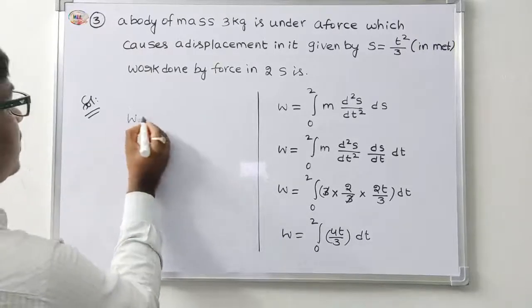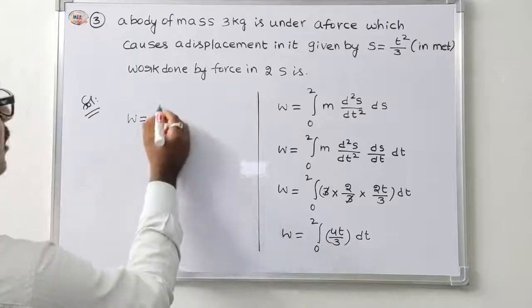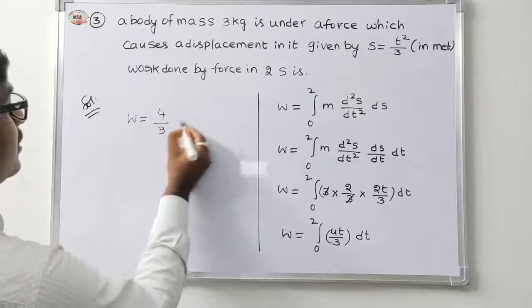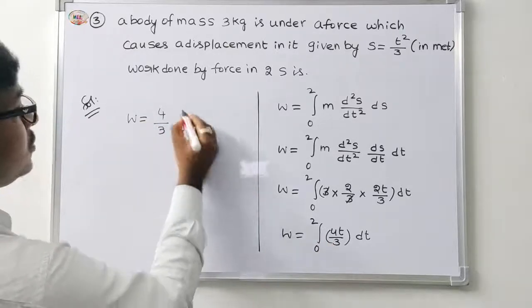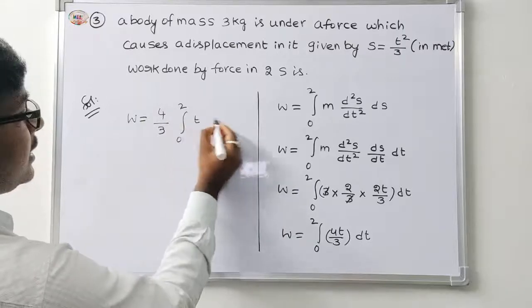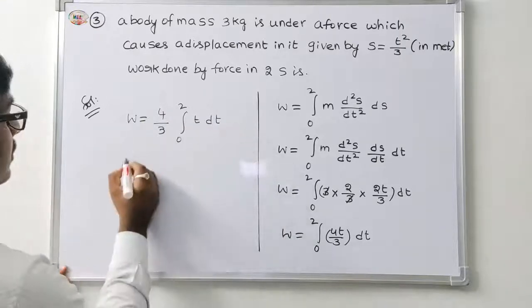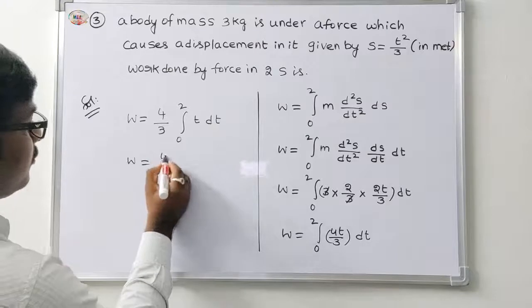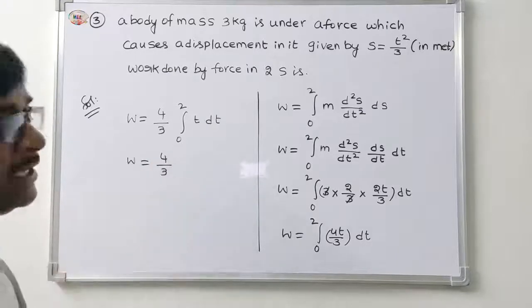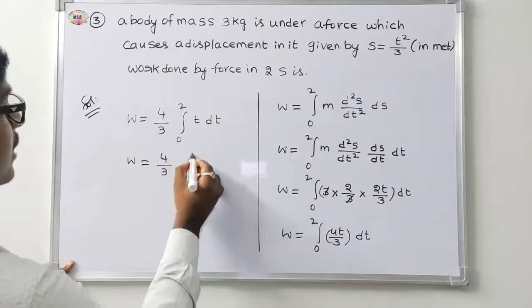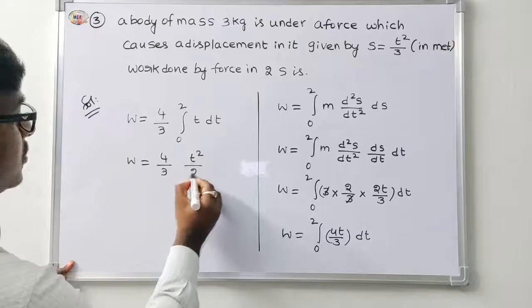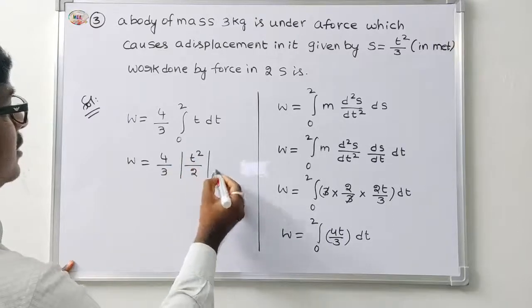Work done is equal to 4 by 3 common, 4 by 3 integration 0 to 2 t dt. Work done is equal to 4 by 3, okay, integration t is t square by 2. The limit value is 0 to 2.